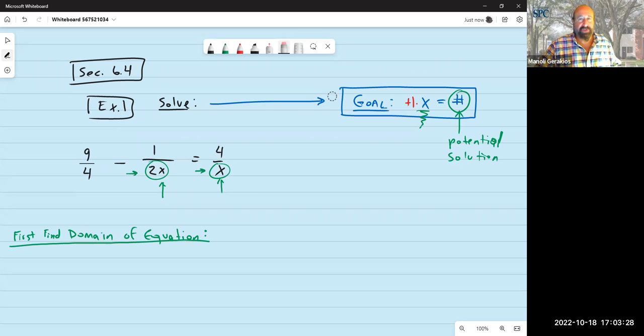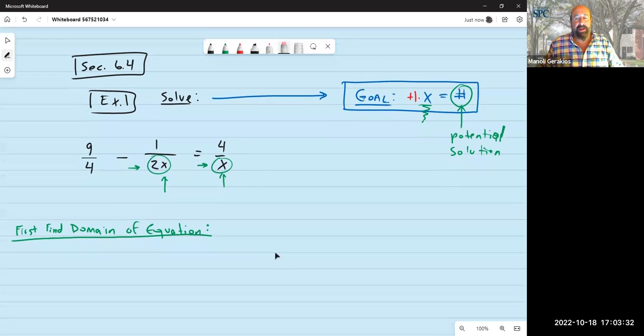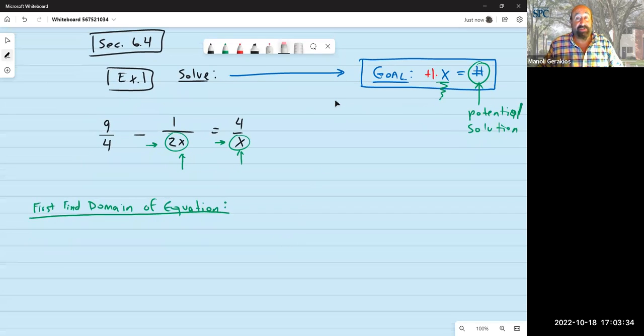A proper solution to an equation would just cause a true statement, not create a violation of math like division by 0, which is undefined. So that's what we're looking for as a new first step. Tonight, in our discussion now, and on Thursday, we'll always find the domain of the equation first. To find any numbers, and we're going to label those as forbidden numbers from ever being allowed to be called a solution in the end.